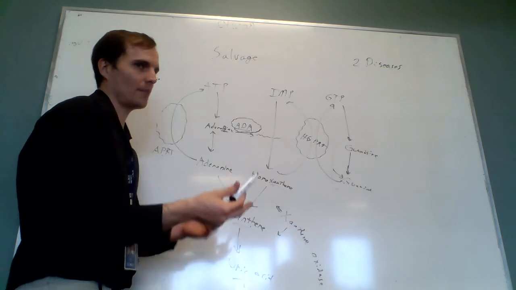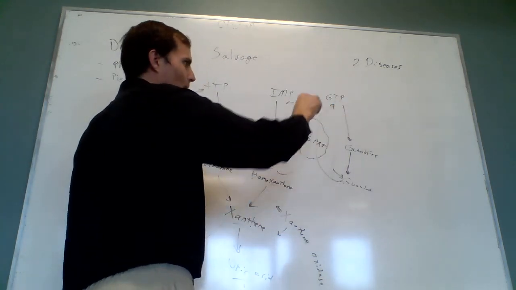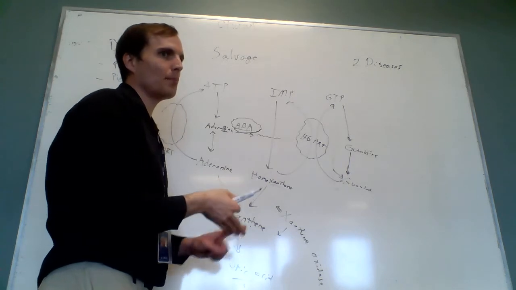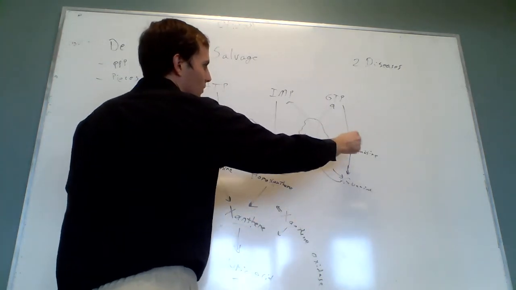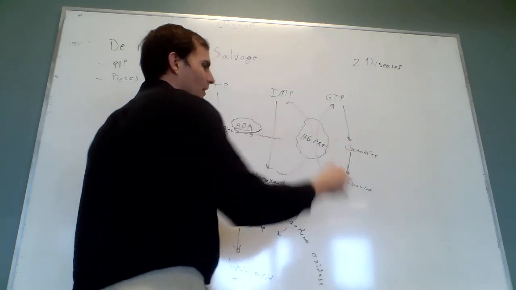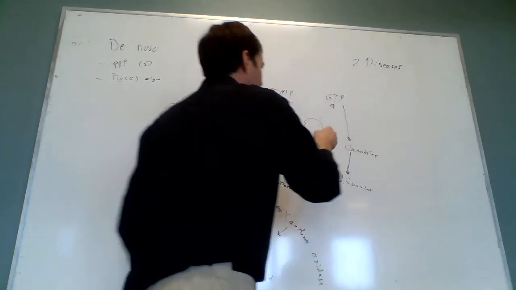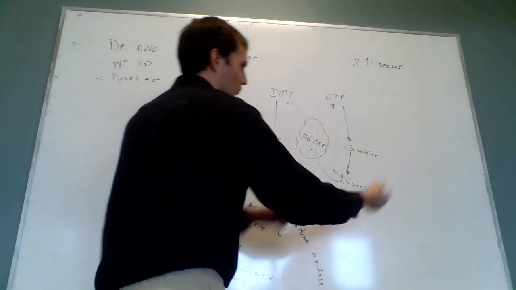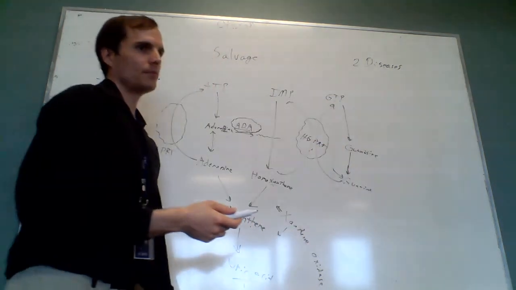IMP is probably the same thing. All right, GTP, you use it and you break it down to GDP, GMP, and then maybe even just straight up guanosine. Once you get to guanosine, it's going to be broken down to guanine, and then we need more GTP again. So we go ahead and stick phosphates on this using this, and a ribose back on it because that came off, so that it is GTP again.